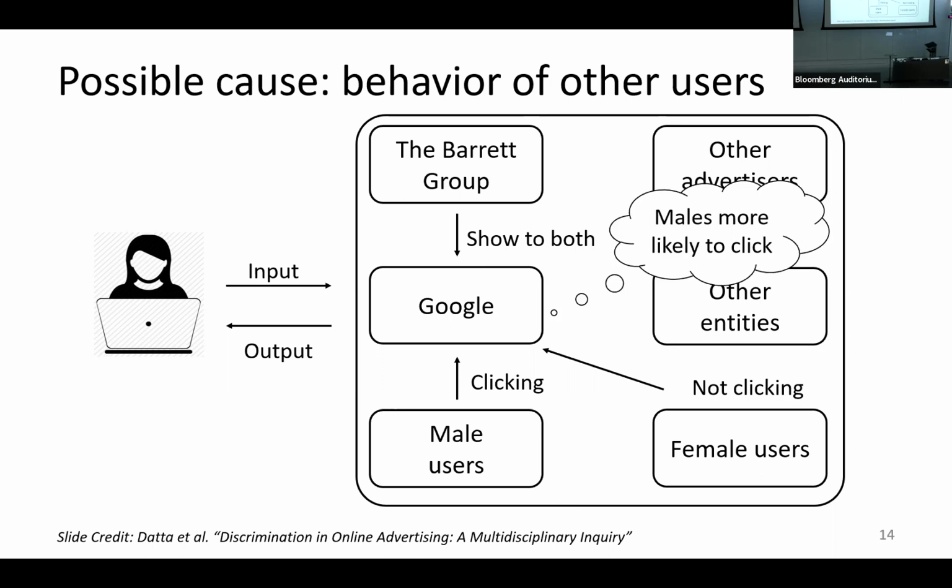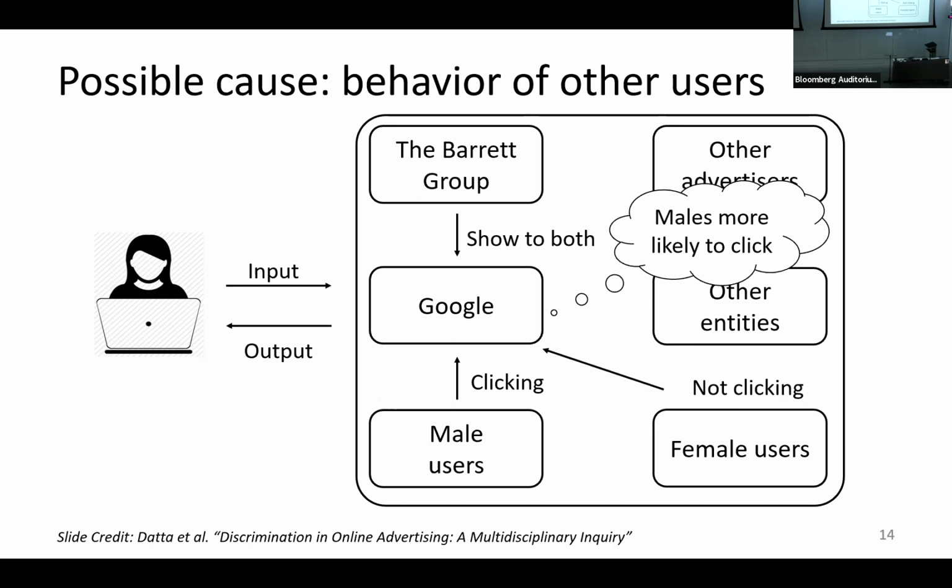My click-through rate predictions are higher, so it should be cheaper to show this ad to males than females, and so it shows the ad more to them. So that's perfectly viable as an avenue, and certainly the advertiser would be able to wash their hands of legal liability potentially if this was the cause. And maybe even Google would, right?